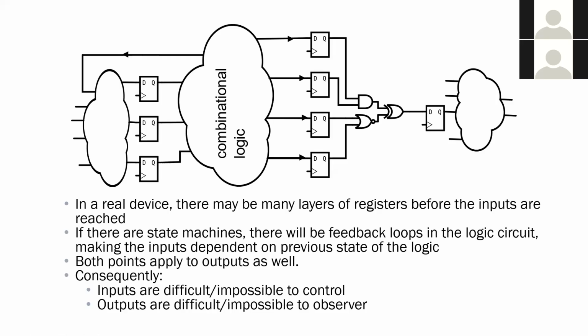Even if you do some mathematical solution of all the combinational logic stages before you arrive at this target combinational logic, even if you're able to solve for that, you would also have a state dependency because of these feedback paths, okay? And so it makes it impossible for you to test if there are any defects in this target combinational logic comprising the 3 gates that we started with.